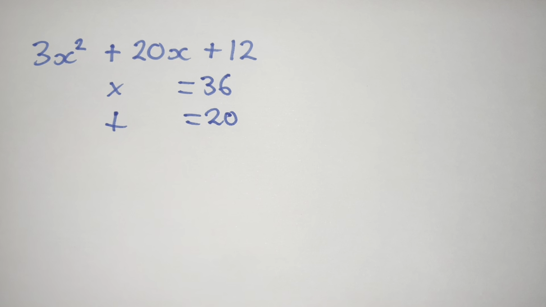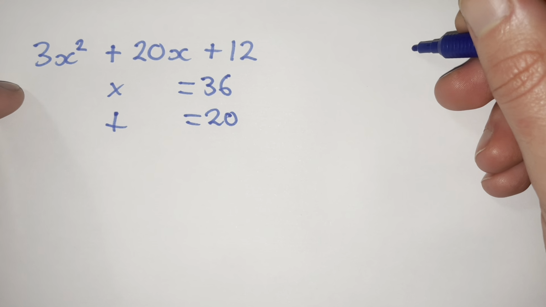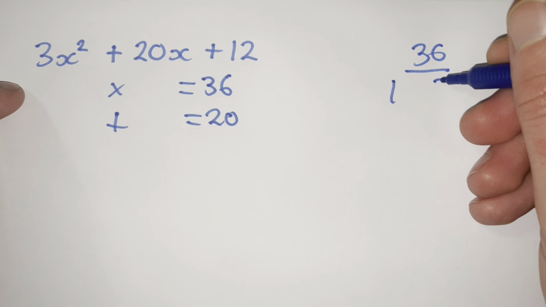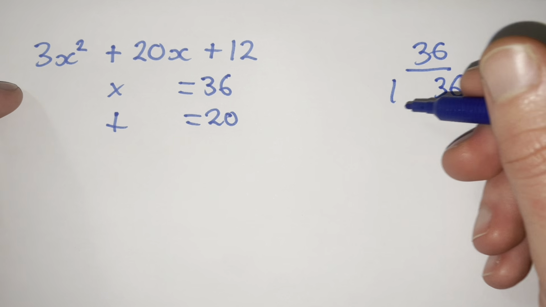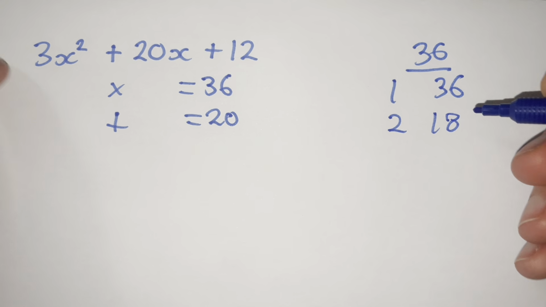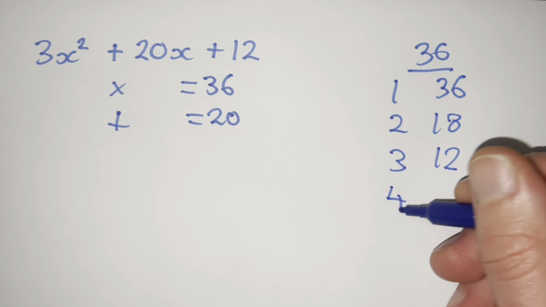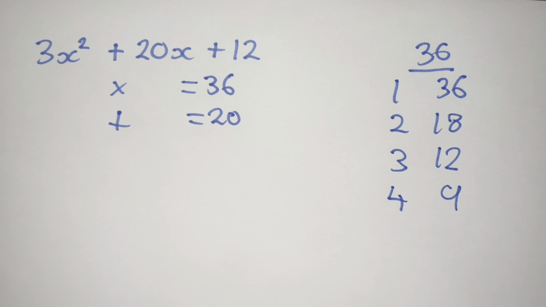So we can write down our factors of 36, thinking about our factor pairs. Our first pair would be 1 and 36, or we could have 2 and 18, we could have 3 and 12, we could have 4 and 9, or we could have 6 and 6. So which of these pairs of factors also add to make 20?